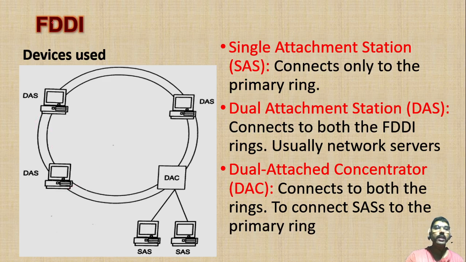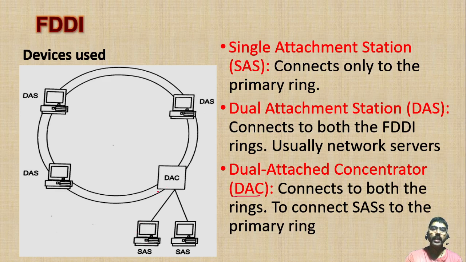Now this FDDI contains some devices like single attachment station SAS, dual attachment station called DAS, and dual attached concentrator called DAC. The single attached station connects only to the primary ring.